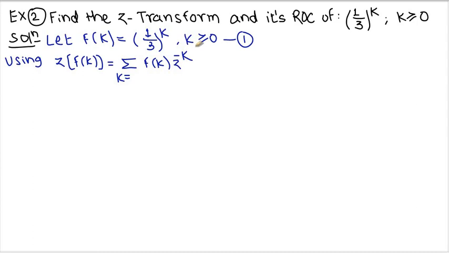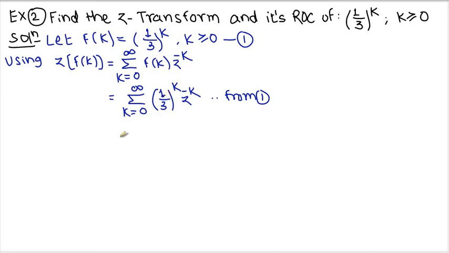As the condition for k is greater than or equal to 0, that means 0 and greater than 0, so 0, 1, 2, 3, 4 up to positive infinity, right? Now from equation number 1, we have to put the value of f of k only, the remaining part of the step will be as it is. So I will write here from equation number 1 the value of f of k. And what is f of k here? It is 1 by 3 whole bracket raised to k.